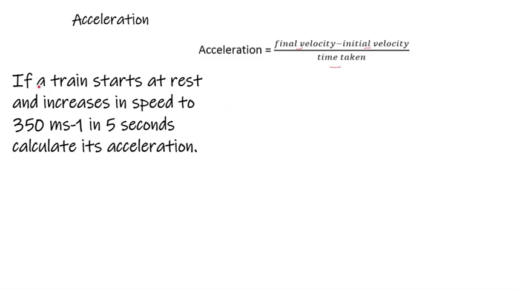When we read the question, if a train starts at rest, that means that's the initial velocity. So the initial velocity, if it starts at rest, is 0 meters per second. It starts at rest and increases in speed to 350 meters per second.